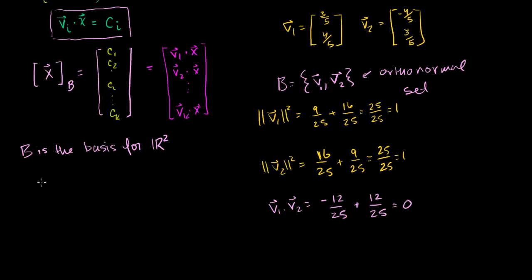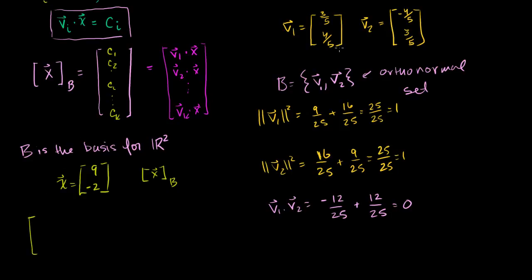Now, given what we've seen already, let's pick some random member of R2. Let's say that x is equal to, I'm just going to pick some random numbers, 9 and minus 2. If we didn't know this was an orthonormal basis and we wanted to figure out x in B's coordinates, we would have to create the change of basis matrix.